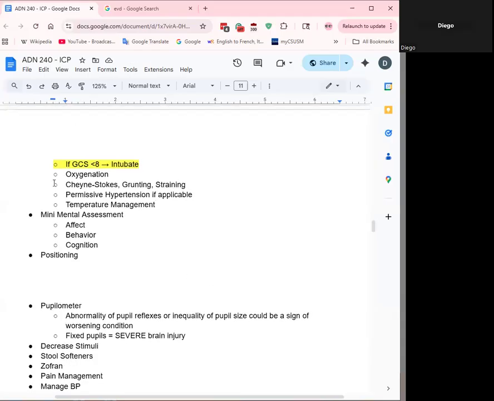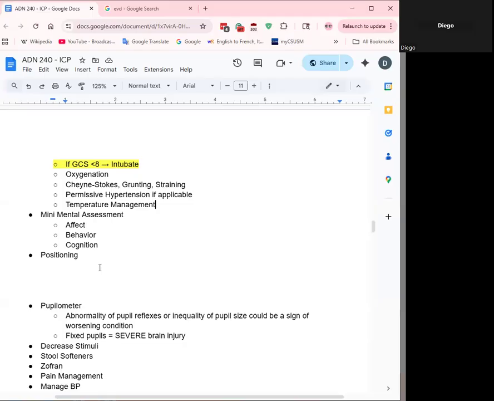The mini mental exam, which is your assessment of their affect. Affect is kind of like how their face contorts, are they able to properly express their emotions, and does it match what they're saying if they're able to talk, or is it restricted? They're not really able to express whatever emotion they're actually feeling.